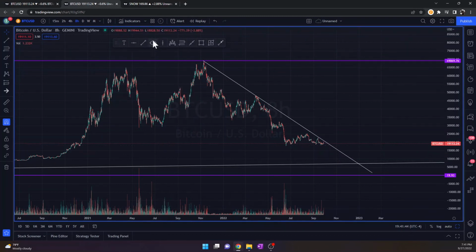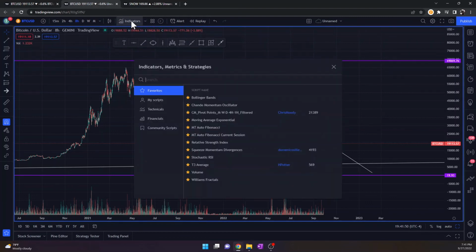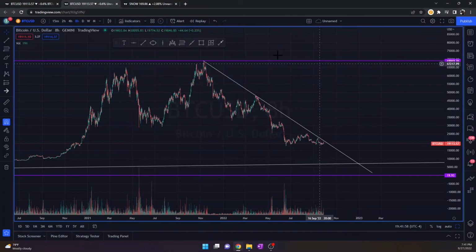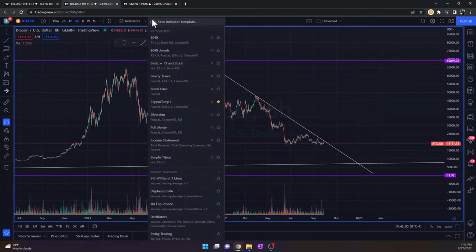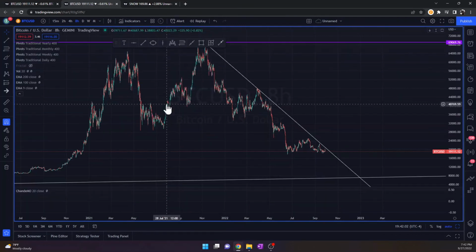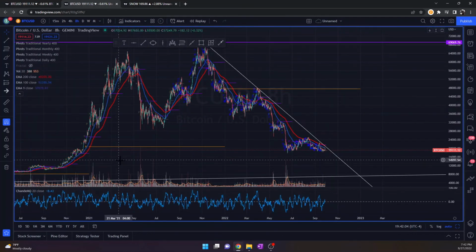Now, another indicator is pivot points. I'm going to go ahead and put on my standard template for crypto, and it has the pivot points.